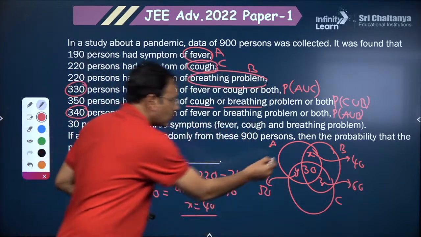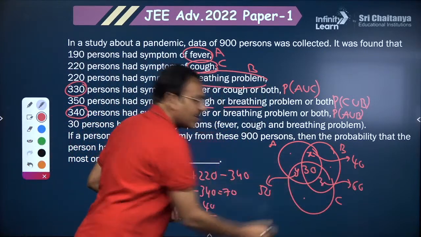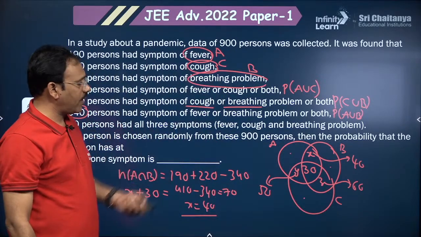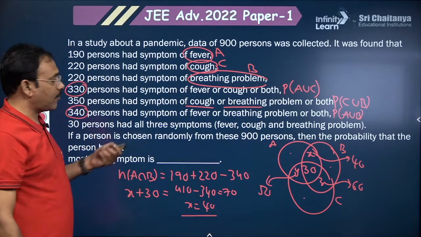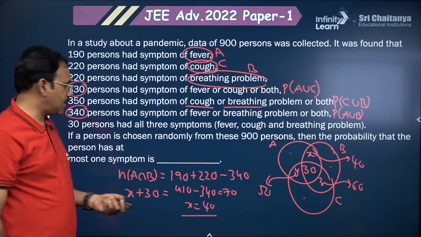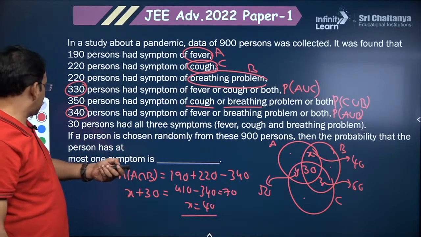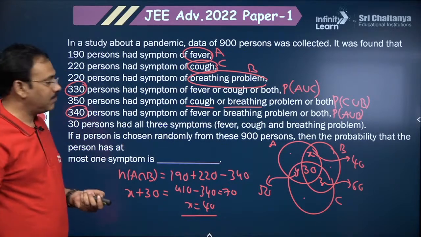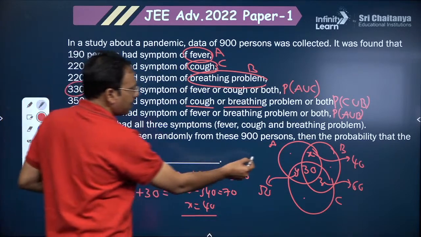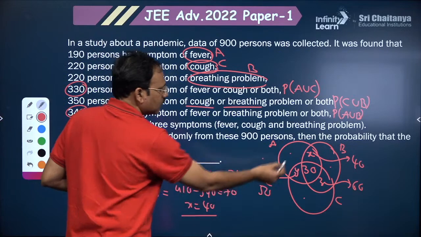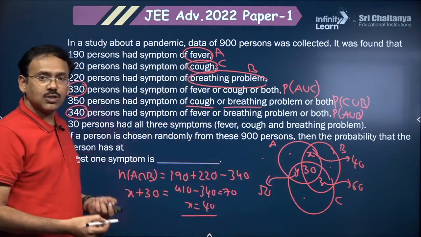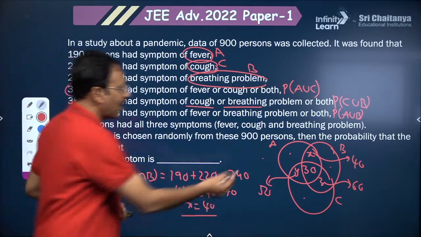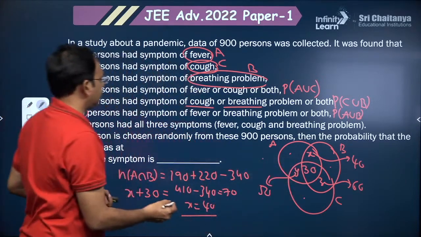So, I am not going to find these entries, my dear friends, because I want just the probability of the candidates who have at most one symptom. You see, these are the people who have no symptom, these are the people who have exactly one symptom. So, at most one symptom means no symptom or exactly one symptom.